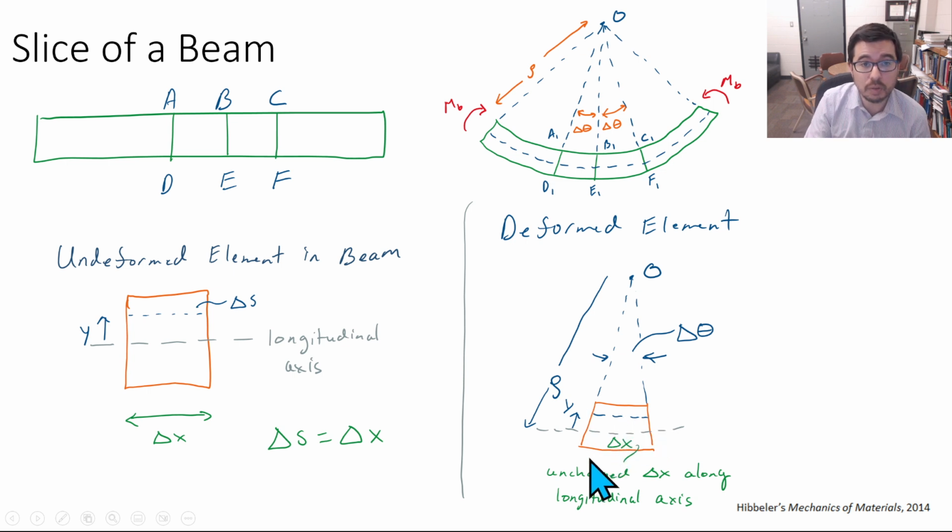On the other side, if y were negative, we would see that this delta s would be larger. So we'll call this new length delta s prime. We have delta s equal to delta x, and now we've deformed it, and we have delta s prime.